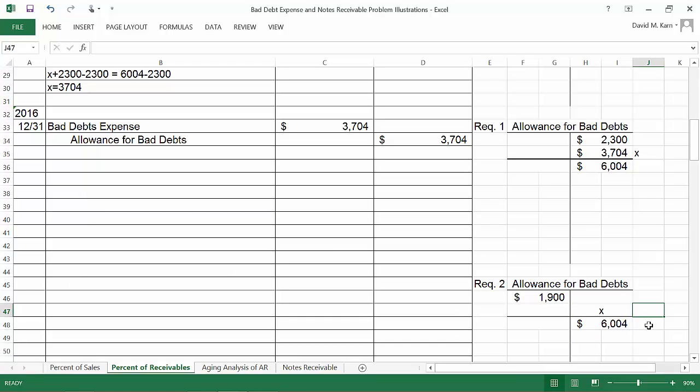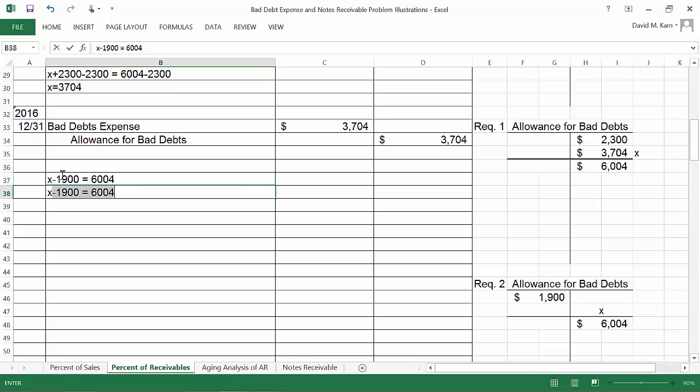Okay? Now, what we have to realize is that estimating bad debt expense is not exact, hence the reason it's an estimate. So in this particular case, we may have written off more accounts receivable than we had anticipated. As a result, our expense is now going to be higher. So for requirement 2, our formula would be X minus 1,900 equals 6,004.